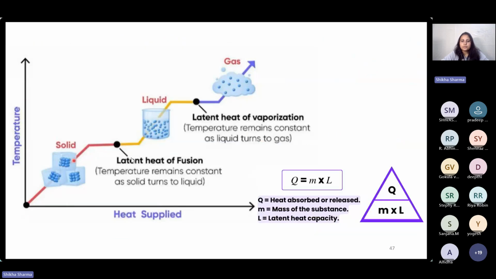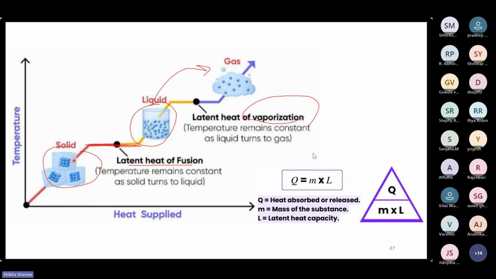If we see the diagram, when we supply the heat, the solid is converted into liquid at the same temperature, that is latent heat of fusion. When the liquid is converted into gas, that is latent heat of vaporization.